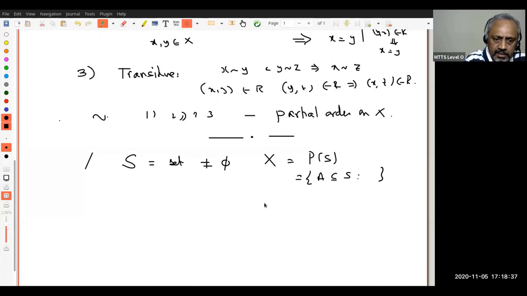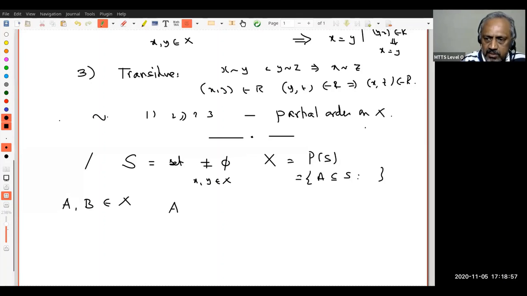Given any two elements x, y in X, what are they? They must be subsets of S, so I will call them capital A and capital B. When it's a partial order, it's very common to use the less than or equal to notation. So if this is a partial order on X, instead of writing it the long way, it's very common to write x is less than or equal to y.